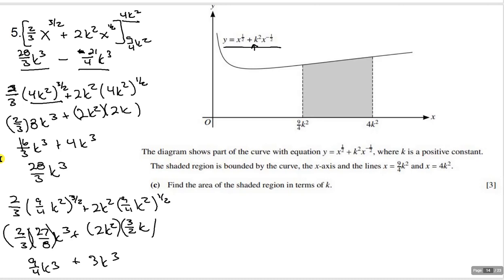I'm going to do 28 thirds minus 21 fourths. And then my answer for the area under the curve is going to be 49 twelfths k to the third. Okay, so that's finding the area in terms of k.